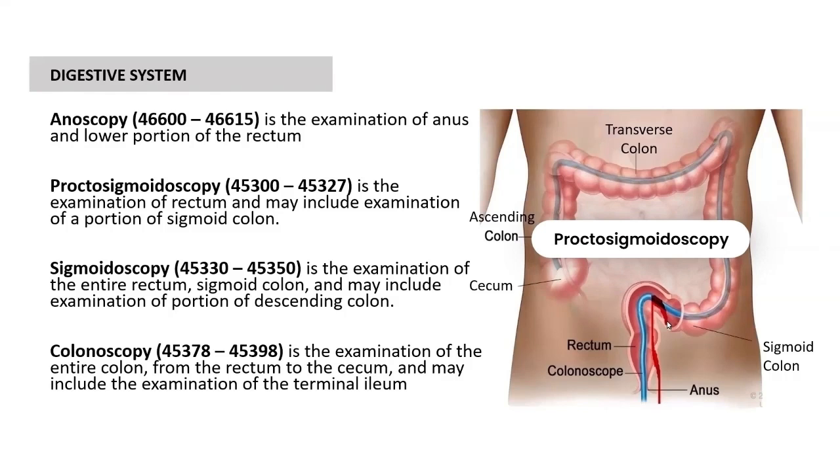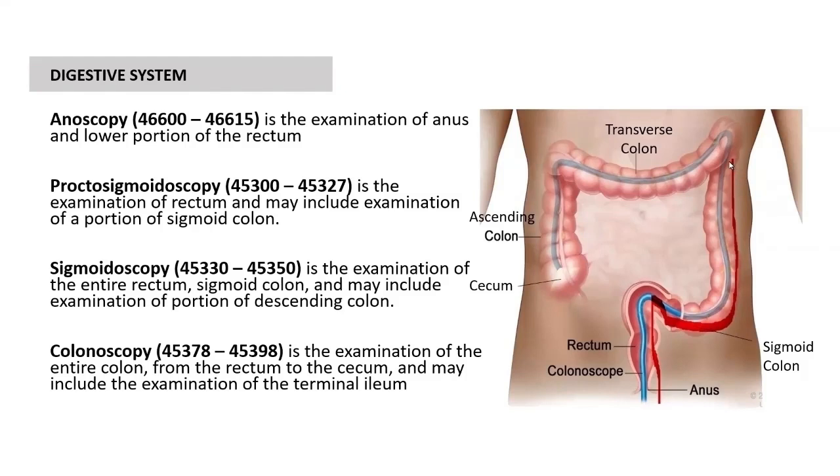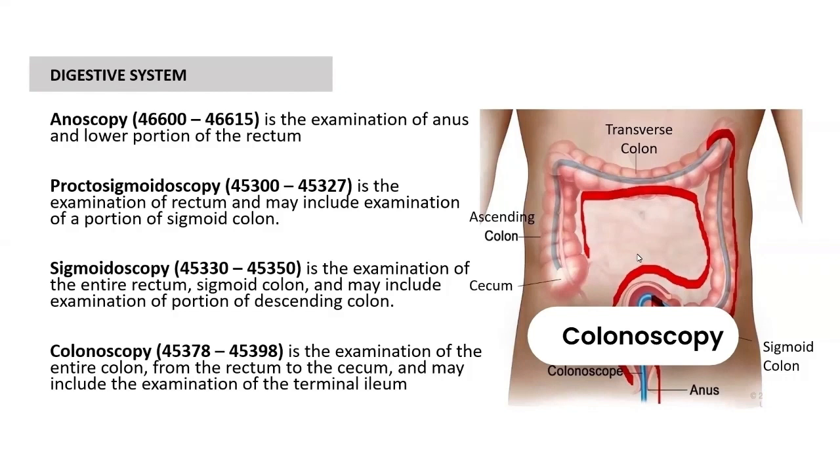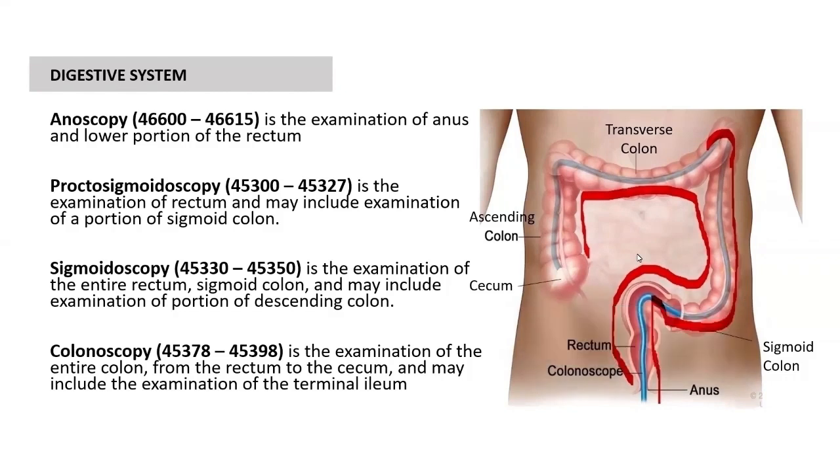If it is passed further, visualizing entire sigmoid colon and even descending colon, it is coded as sigmoidoscopy. Once the endoscope takes the turn into transverse colon, it would be coded as colonoscopy, visualizing entire colon up to cecum. Each type of endoscopy has its range of codes.